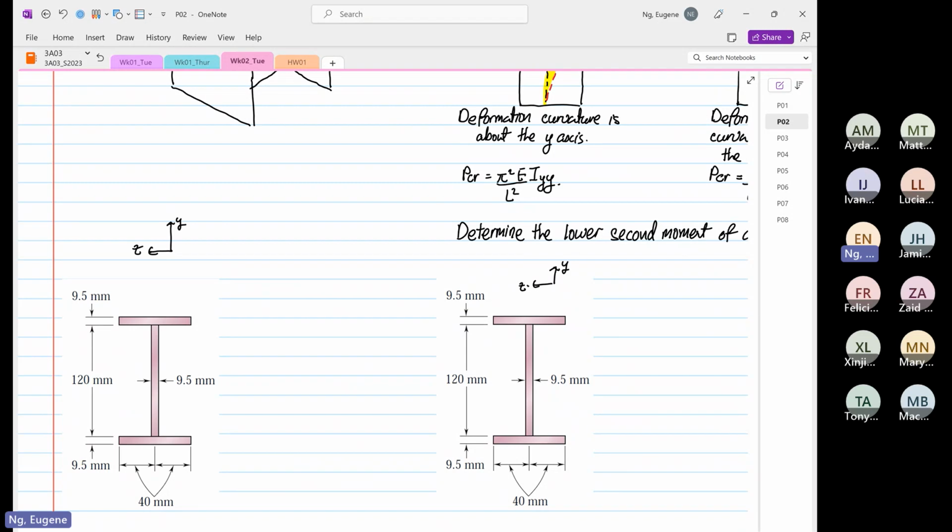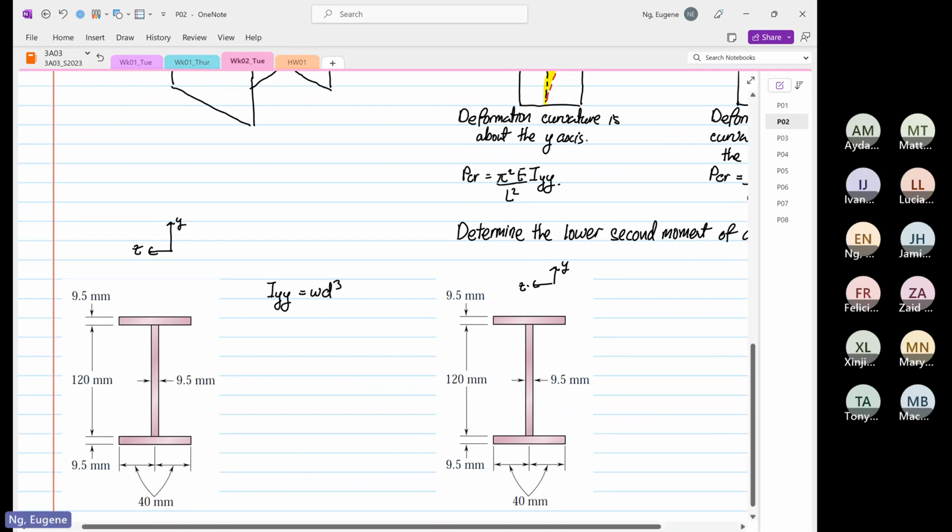On the left-hand side, we want to determine IYY. The formula is equal to width times depth cubed over 12 plus the area times the bracket big Z minus small z, and the whole thing squared.